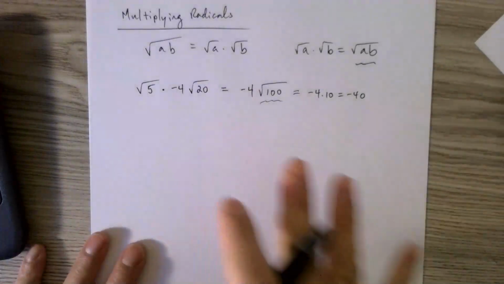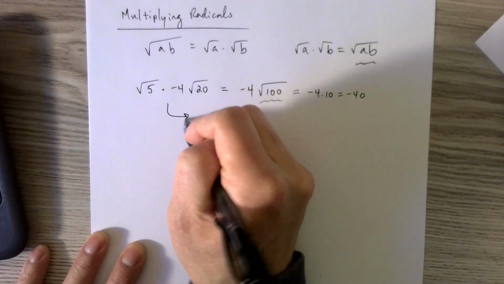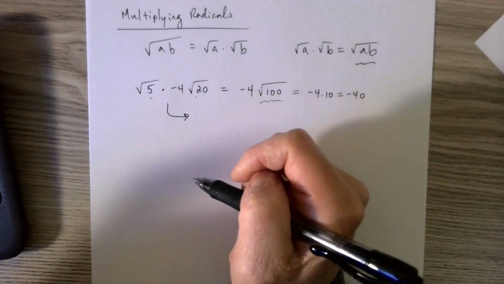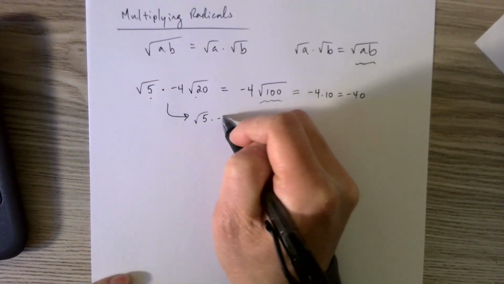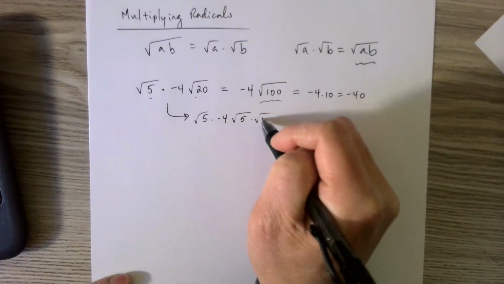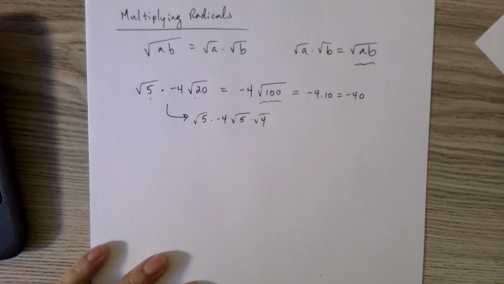Now there is another way we could have done this. Instead of combining the 5 and 20, getting 100 and putting it in one rad, I could have split up the 20 into 5 and 4 inside rads.